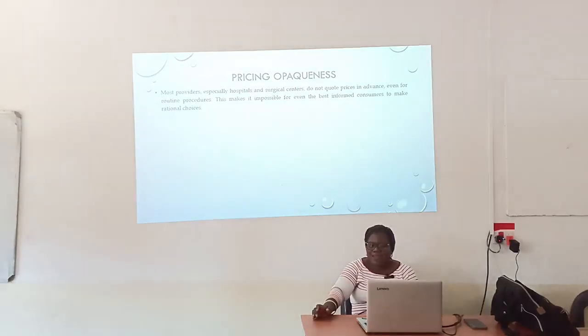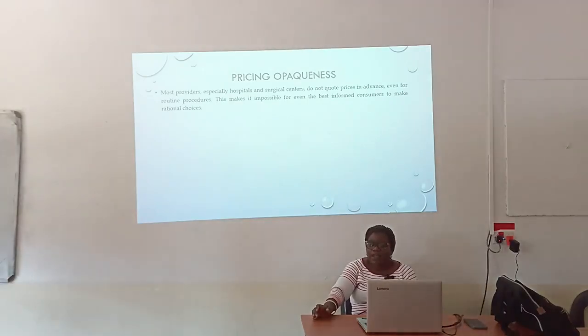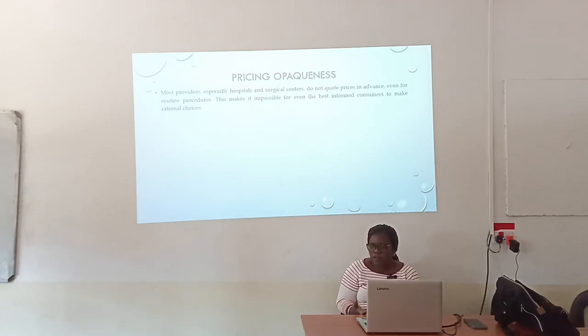Okay, but yes, there's that price opaqueness in some countries, but in Malawi there's a standard for pricing. This is there because they're just trying to explain that factor, but in Malawi particularly, I know for a fact that there's a system in which there's standardization of procedures in terms of prices.